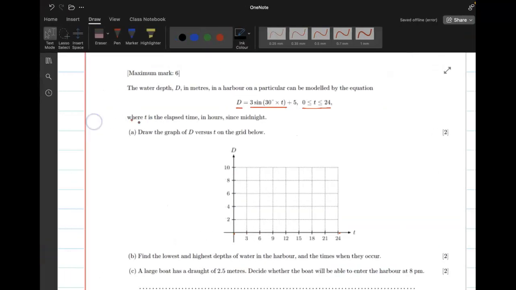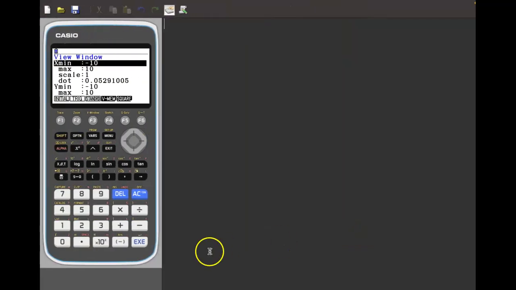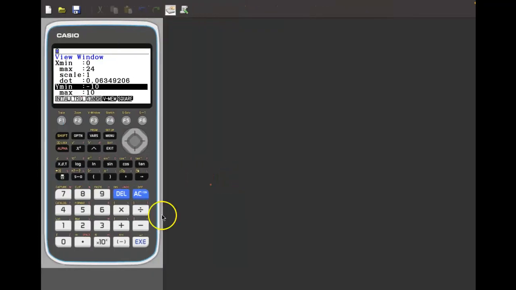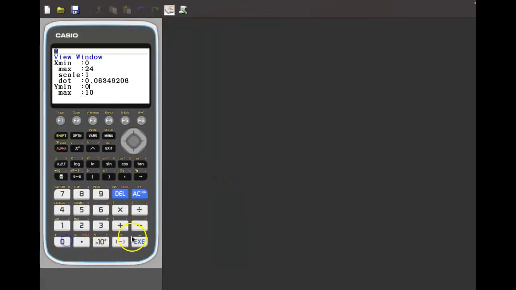Now the view window is important. Your x is 0 to 24. Go down. Y is from 0 to 10, so y minimum is 0, y maximum is 10. You have your graph. Press enter again. So this is the graph you see.